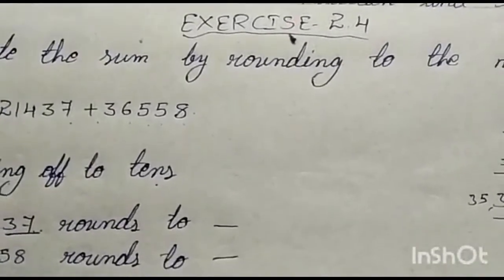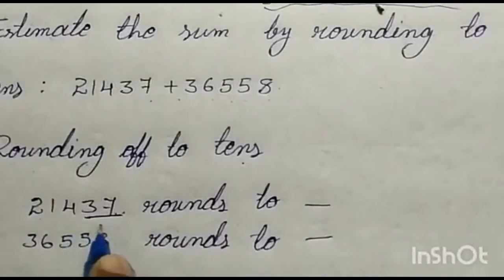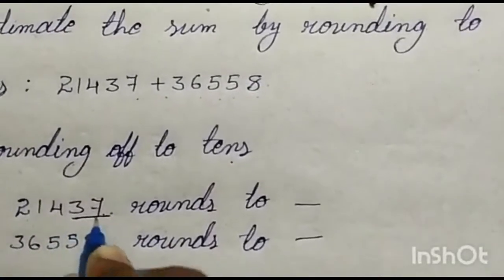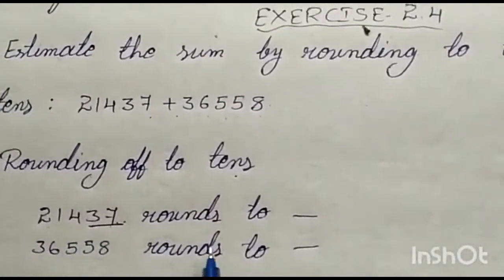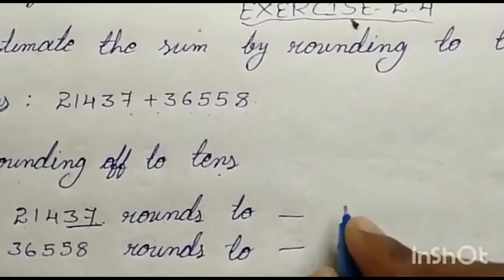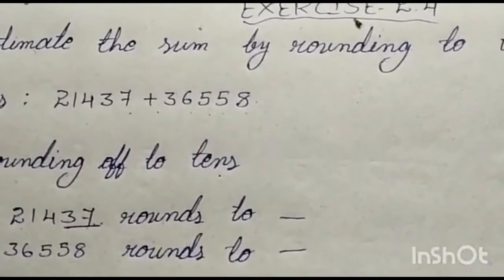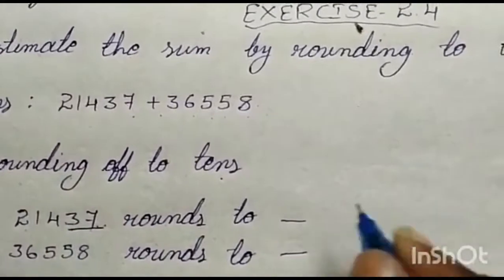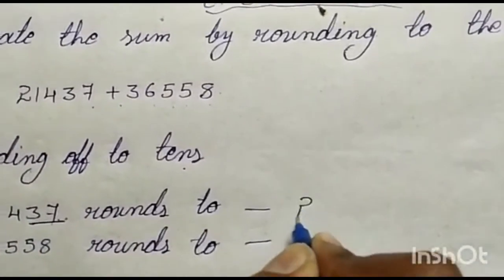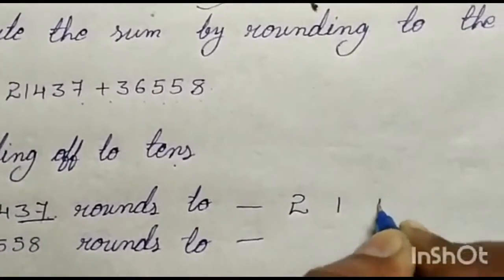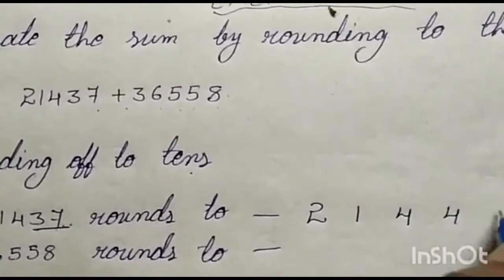Now you can see here 21,437. Now 37 is nearest to 30 or 40? Yes, it is nearest to 40. Now here you have to write 21,440.